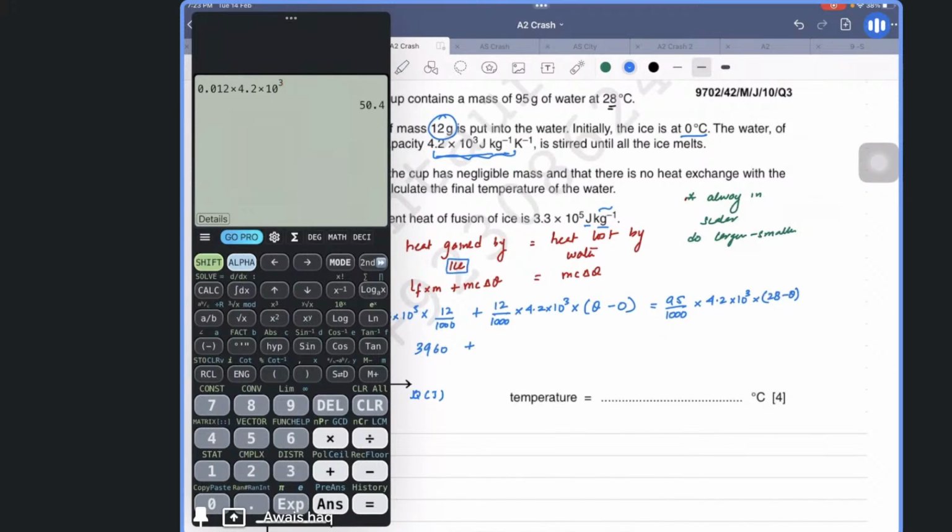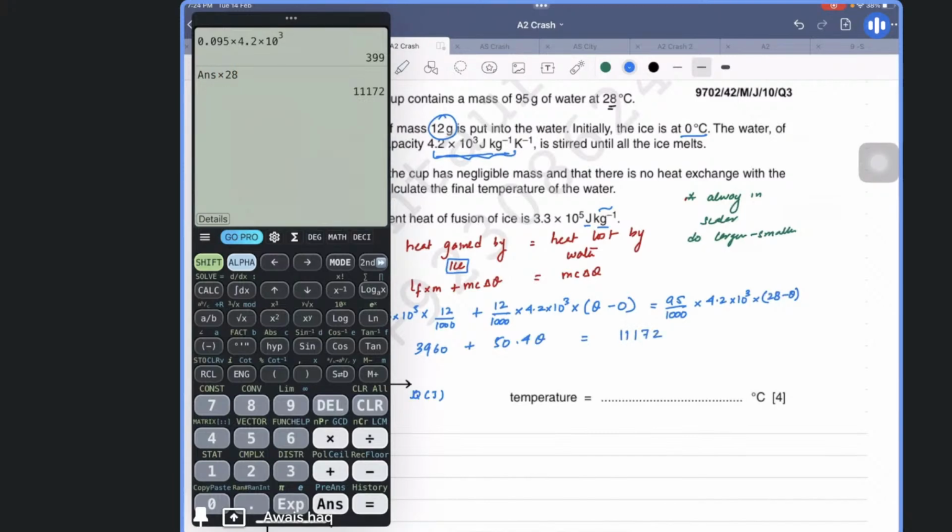So this makes it 50.4 theta, equals the other side, which is 0.095 times 4.2 times 10 to the power 3. That's 399, and if I multiply 399 by 28, I get 11172, minus 399 theta. Now bring the thetas together. So it's going to be 3960, so bring it there.